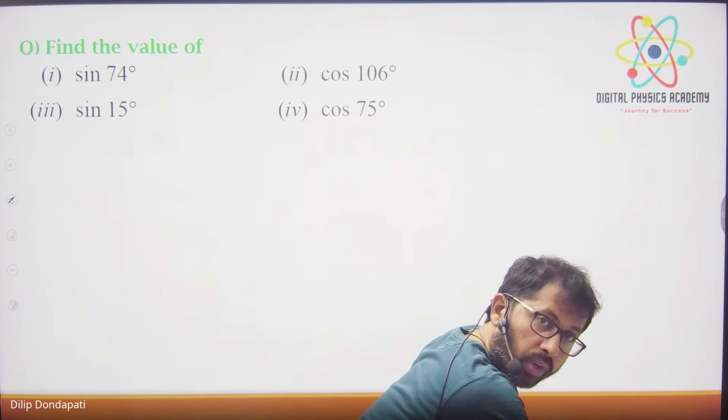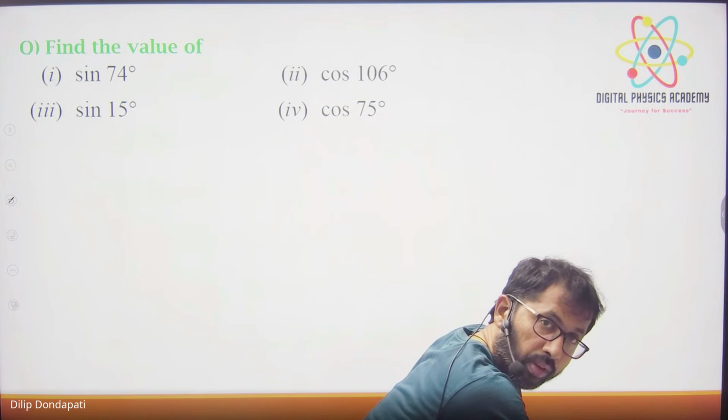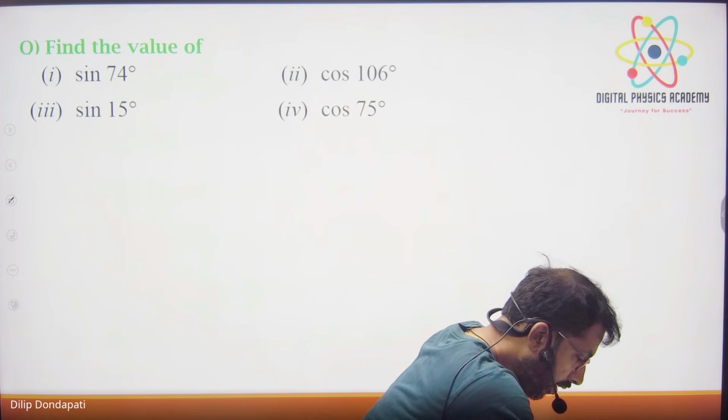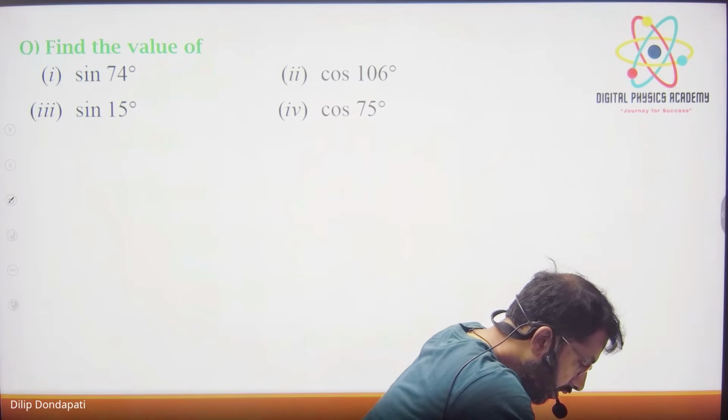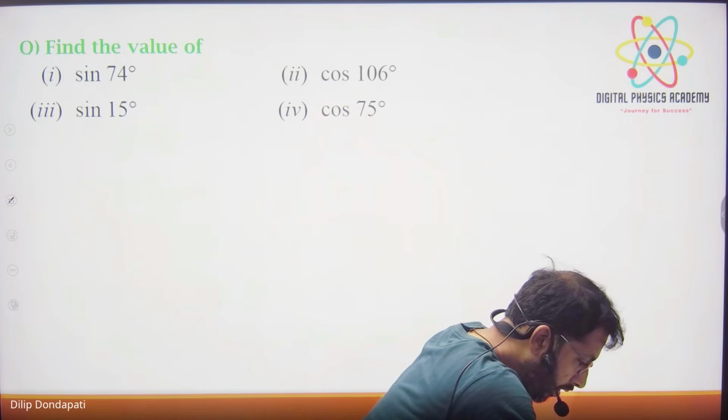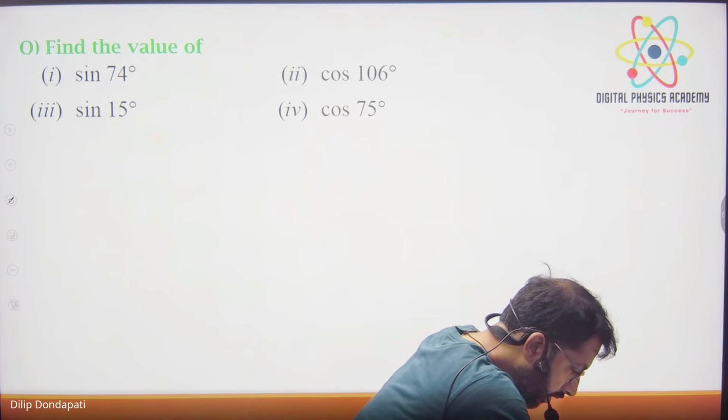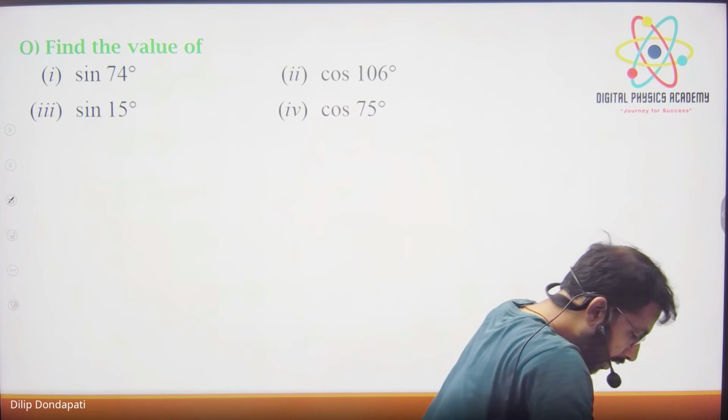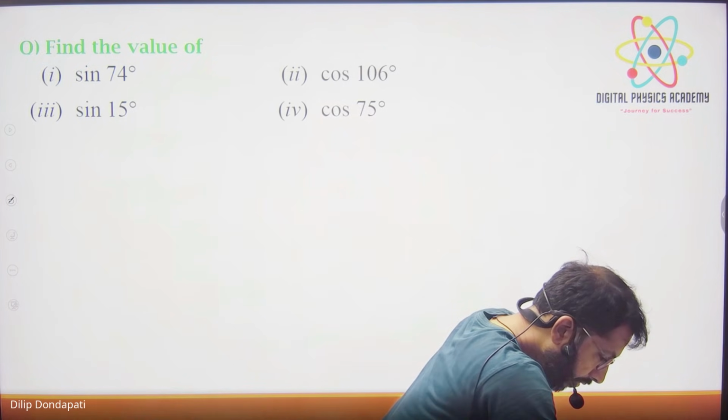You can use cos 2A: cos square A minus sin square A. You can use that formula. Anik, second one? Sir, minus 7 by 25. Yes. Third one, how much did you get, Ryan? Root 3 minus 1 by 2 root 2. Yes, correct. Anik, fourth one? Same answer, root 3 minus 1 by 2 root 2. Yes, good.